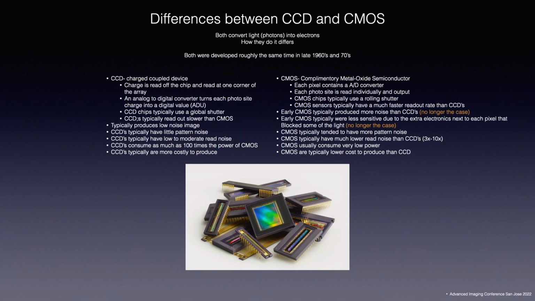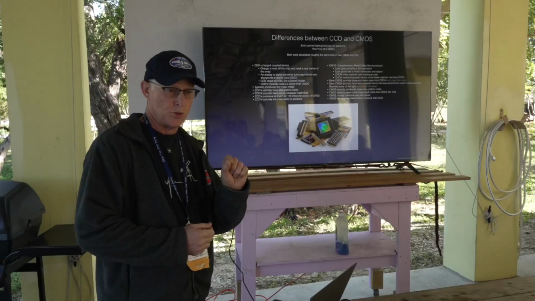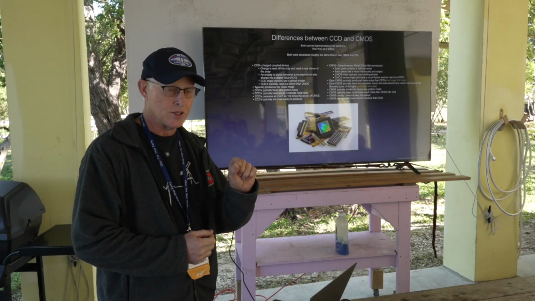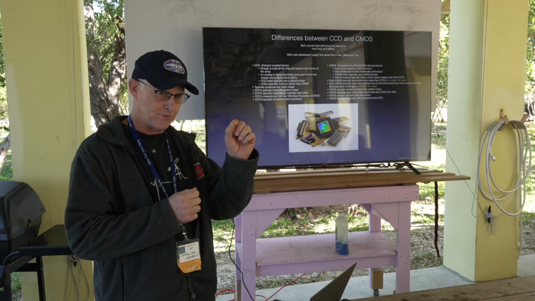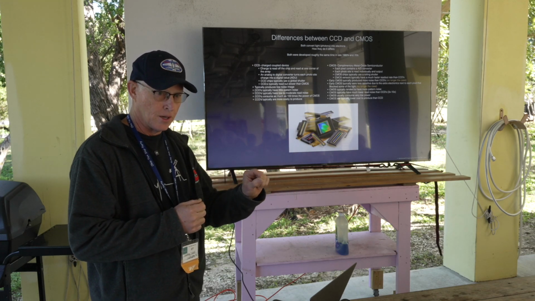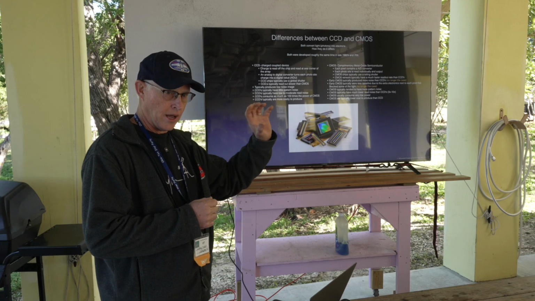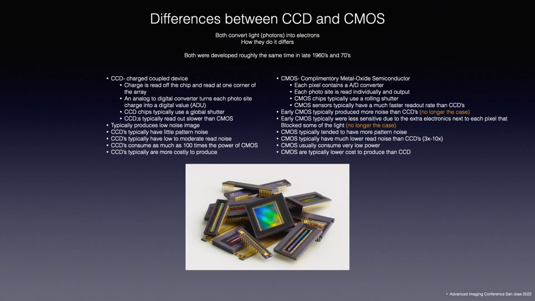We have CMOS chips, and these are complementary metal oxide semiconductors. The difference between these chips is each one of those little pixels has electronics attached to it. These analog to digital converters take that signal and turn it into an electron. Whereas a CCD, that readout happens off the side of the chip by the internal electronics.